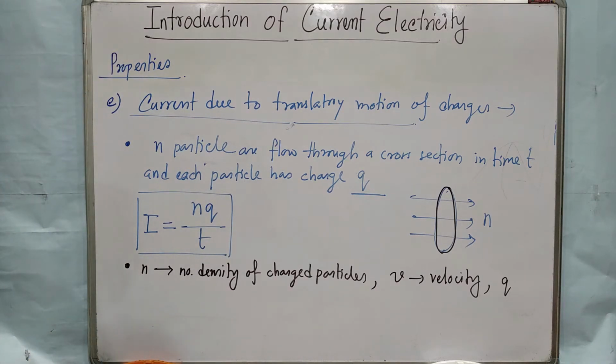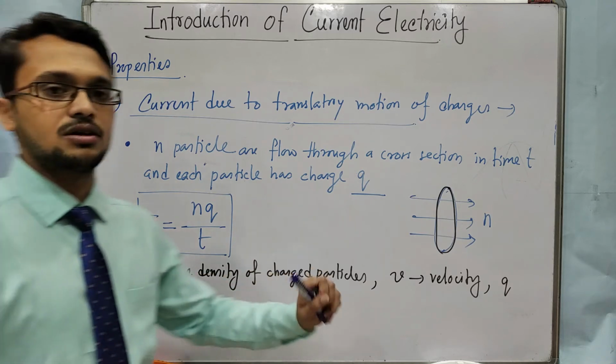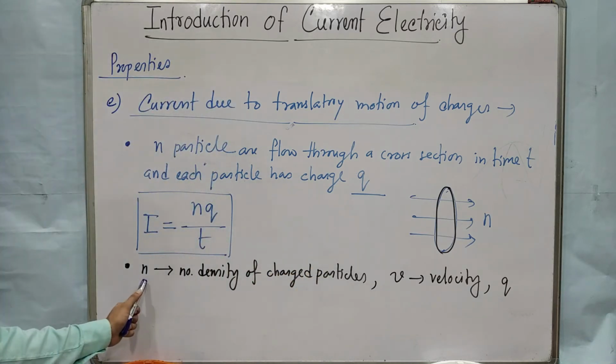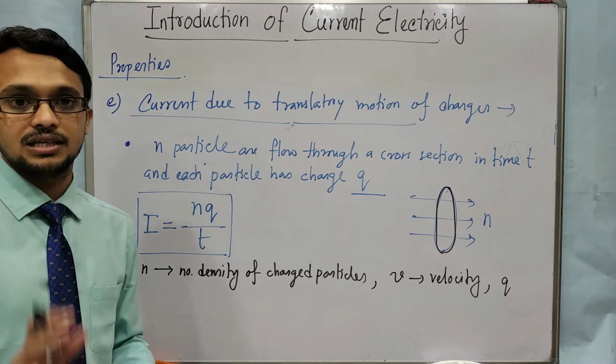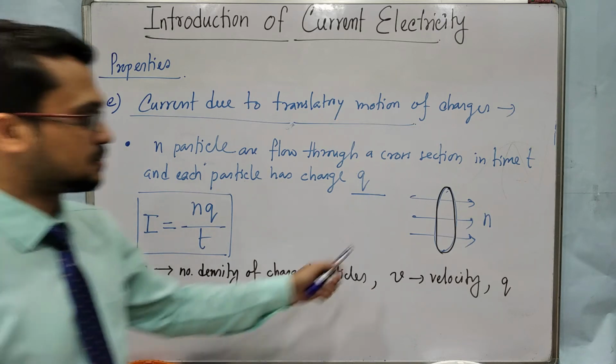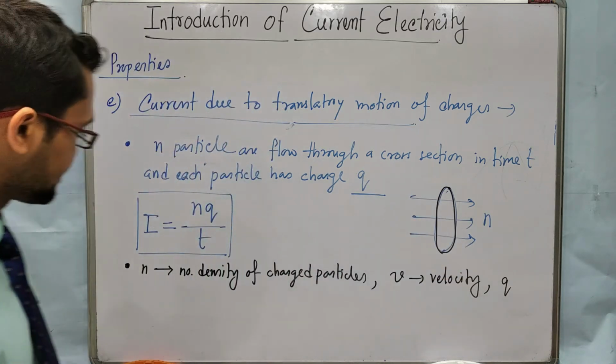Here time is not given, and n is not the total number of charged particles. N is the number density, charged particles per unit volume, flowing through this cross sectional area.